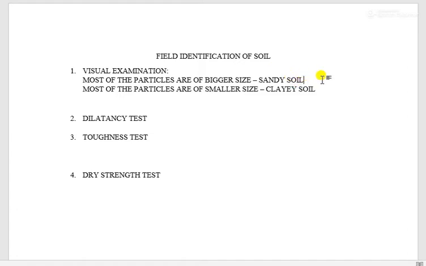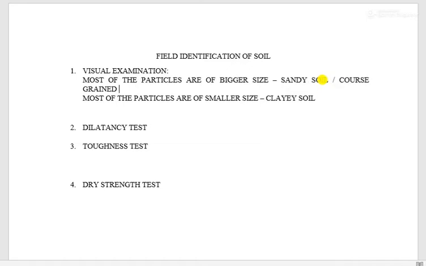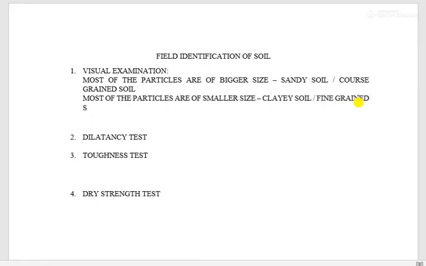Sandy soil means coarse grained soil, and clay soil means fine grained soil. Okay.